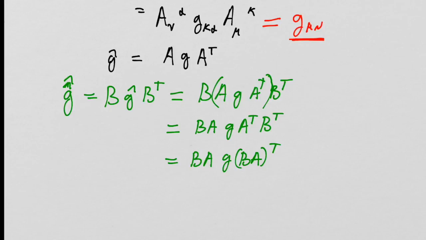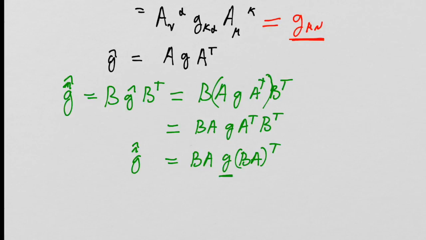So I know that I can find a new matrix, BA, which will go right from G to G double hat. But I know that we're assuming that B and A are members of this isometry set.